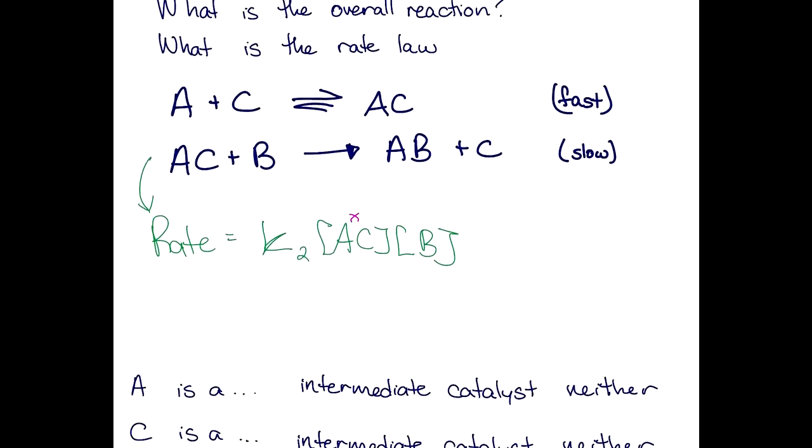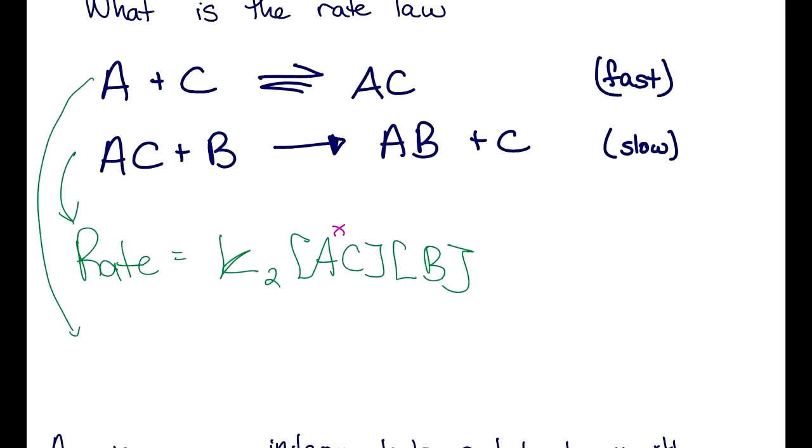So what we're gonna do is do a trick where we take the fast reaction and recognize that the forward rate, so rate constant in the forward direction, so A concentration times C concentration equals the reverse direction. So K negative. The K's really don't matter. They all just end up being 1K in the end.